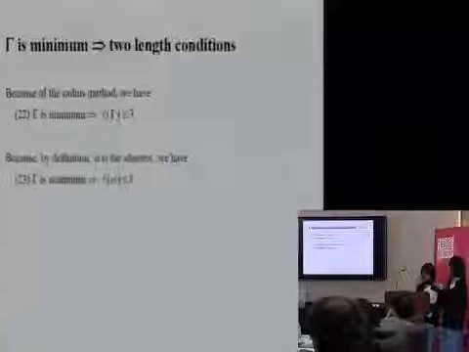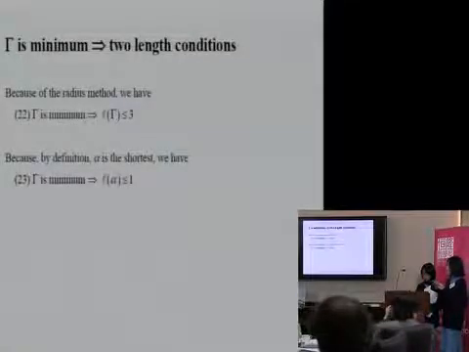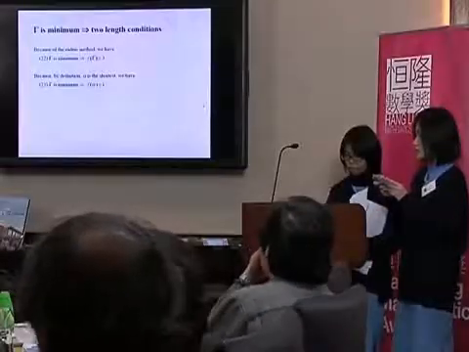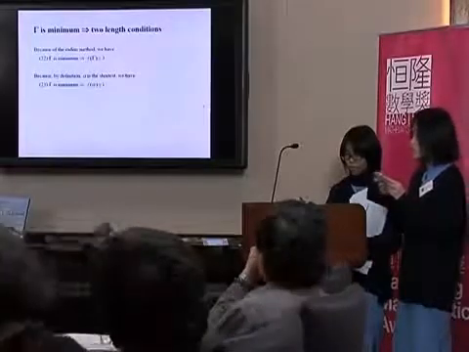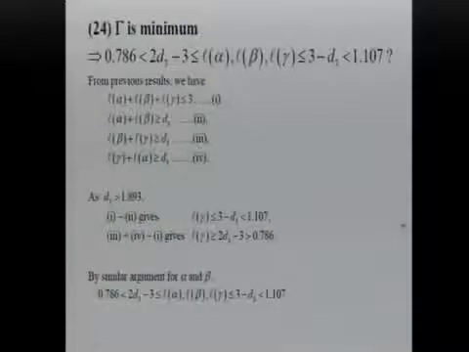For statement 22, if the big gamma is minimum, it must be shorter than using radius method, so it is smaller than 3. For statement 23, as alpha is the shortest by statement 22, the length of alpha is shorter than 1. For statement 24, we use the previous results, then the proof is shown in the PowerPoint.